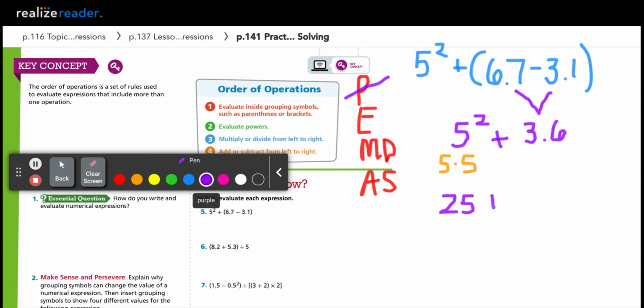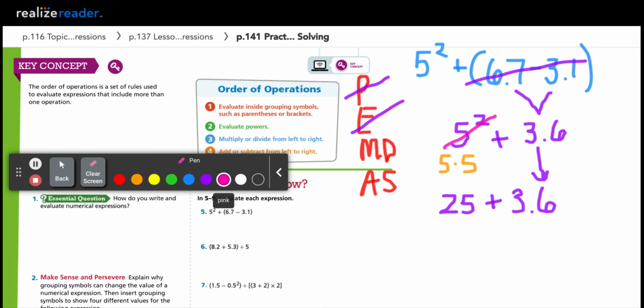And my next step is to bring the rest of the expression down so that it's in the same spot. So I evaluated my parentheses, I can cross it off, bring it down. I evaluate my exponent, cross it off, bring the rest down. Now let's see what's my next step on my PEMDAS.